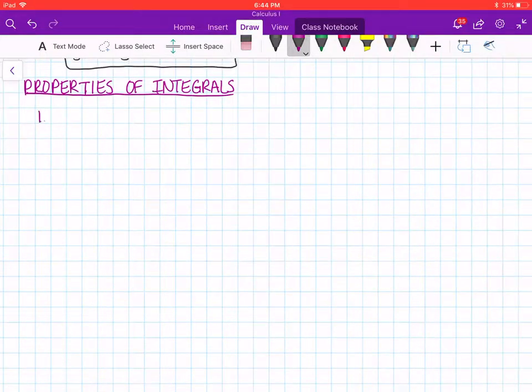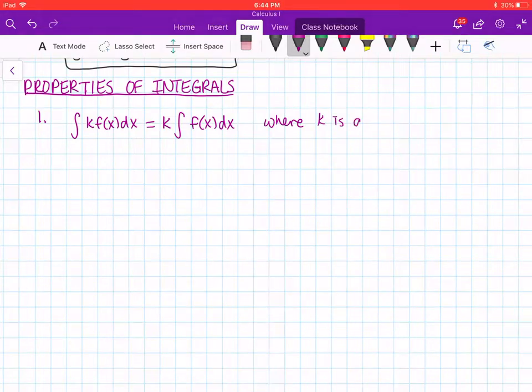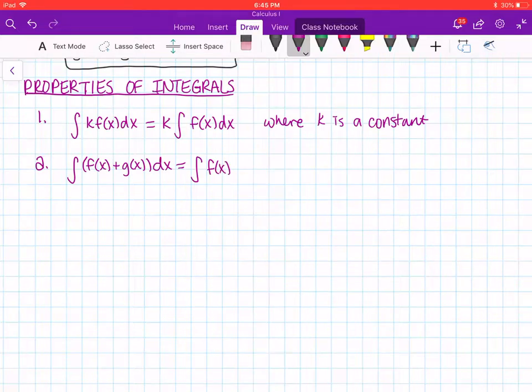So we got our first property: if we're integrating a function and there's a coefficient out front, bet you can guess we can take that coefficient out and then integrate the inside portion. Alright, next is if we integrate and we're adding two functions, so f of x plus g of x. Okay, so what we can do is split it apart.